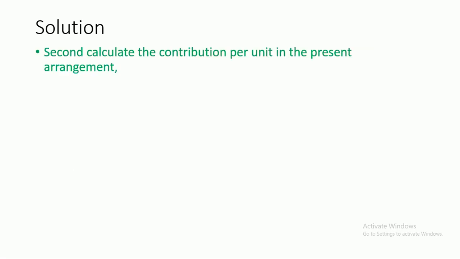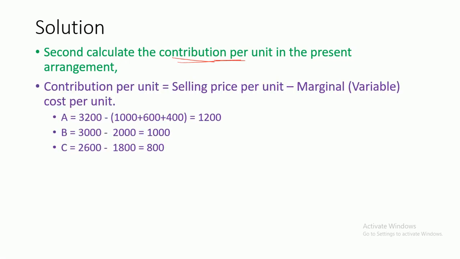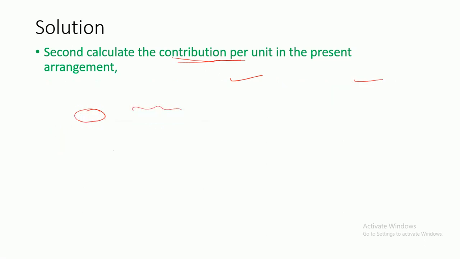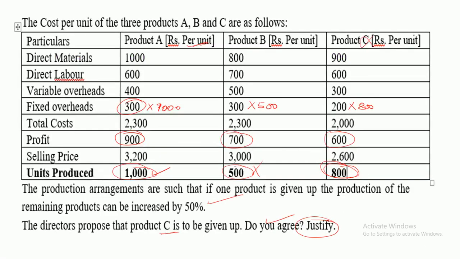And then we can analyze the per unit contribution from each product. So you can calculate contribution per unit is equal to selling price minus the variable cost. So product A, it is 3,200 rupees selling price, and the variable cost total, you can get it here in the table.